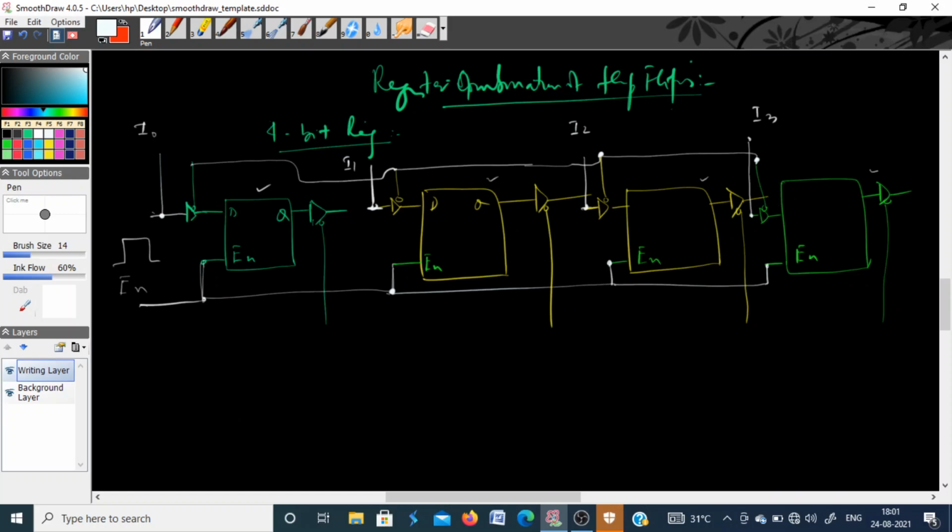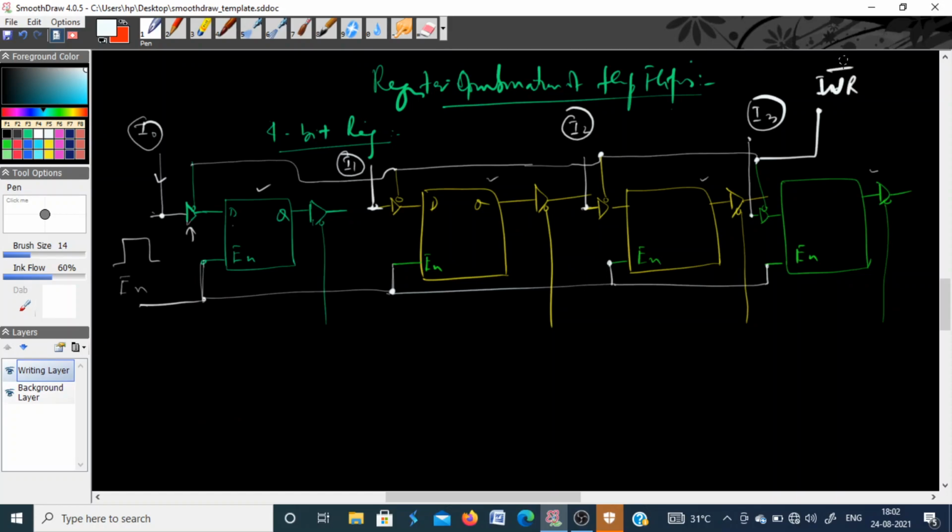So all these 4 inputs are again tied together, so you have one single control. Or in fact, this is not input now. Input is different. Input is I0, I1, I2, I3, but those inputs are not going directly to the D flip-flop. They are basically interfaced using tri-state buffers, and this tri-state buffer will be controlled by your write signal.